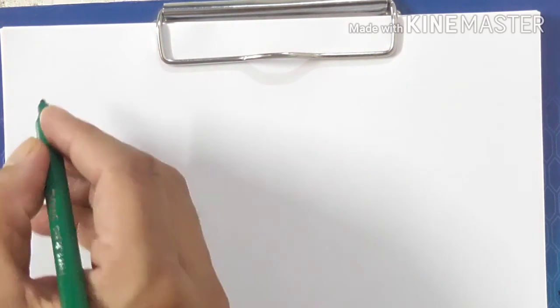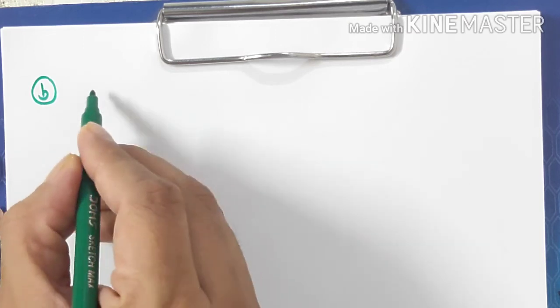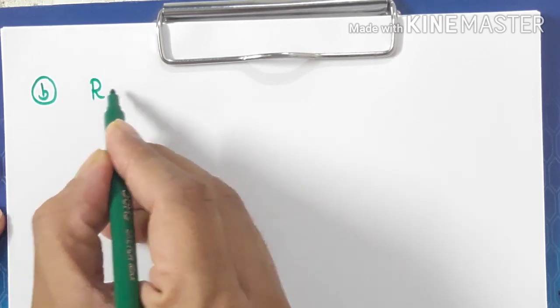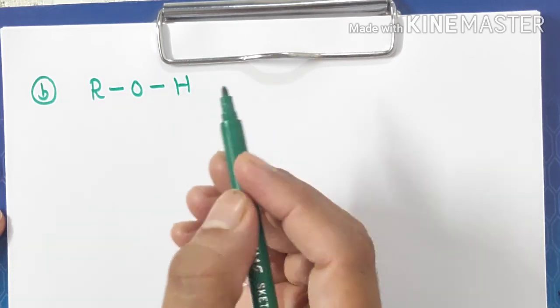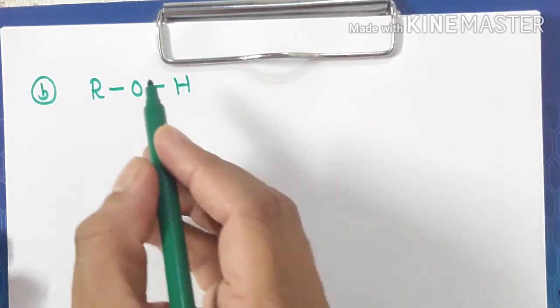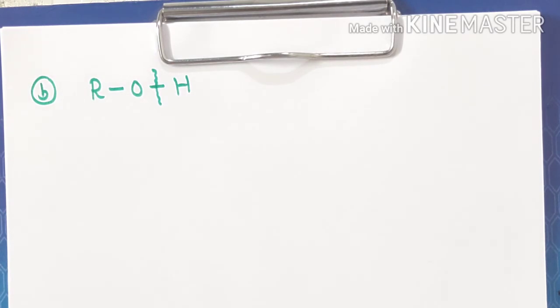Now, moving to the next part of the chapter, where we are going to do reactions involving the breaking of a bond, and this is very important. Here alcohol reacts, but the reaction takes place by breaking of a particular bond.